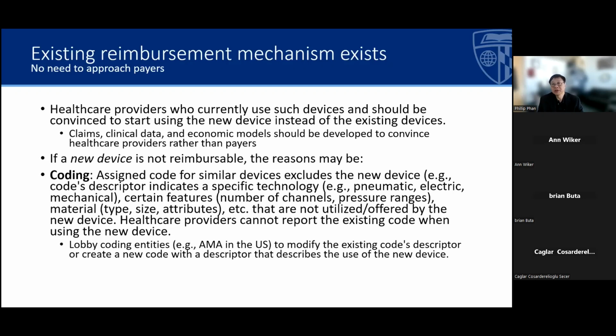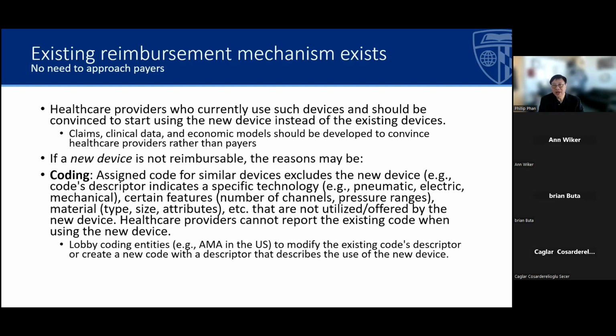So now, does it mean that therefore you don't develop something that is novel? For example, if the material that you are utilizing is potentially more enduring, maybe cheaper, maybe more high performing, does it mean you abandon that? No, right? As I said, you can design according to the code, or you can go ahead and launch a product, but before you do that, apply for inclusion of that specific dimension that provides a better performance into the existing code. And the way to do that is you lobby the coding entity. So the American Medical Association is one entity.